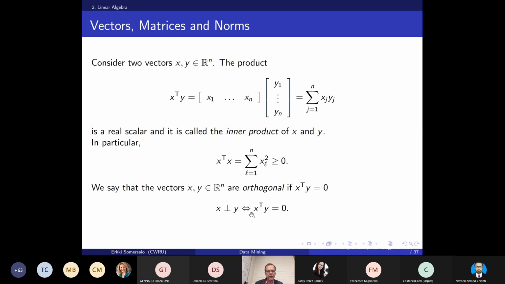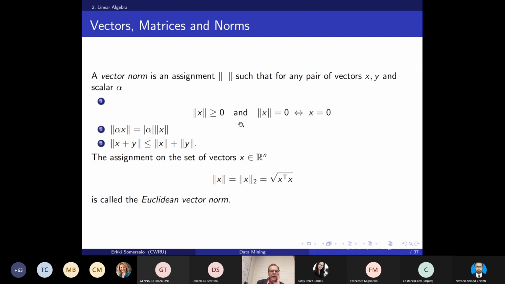This is the important orthogonality property. Perpendicular, orthogonal, I'm using the word orthogonal, but the idea is that the vectors are perpendicular if you are in physical 3-space or 2-space. So two vectors are orthogonal if and only if the inner product is 0. That's an important property.